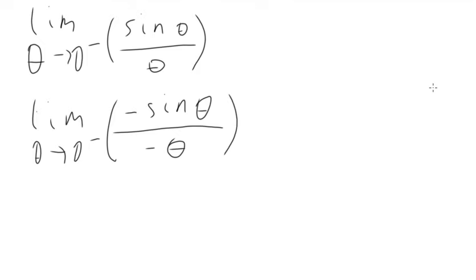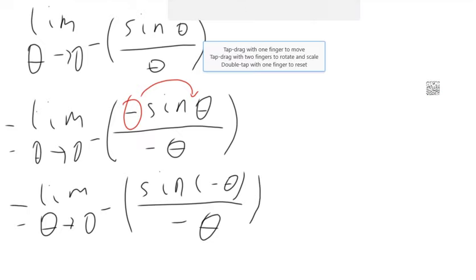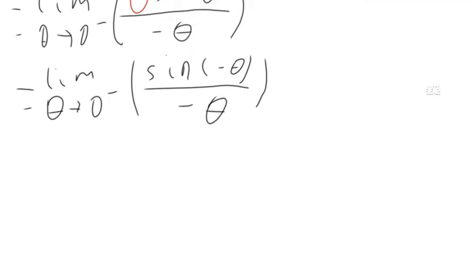Sine is an odd function, which means I can take this negative in front and put it inside the sine. So this will be the limit as theta goes to 0 from the left of sine of negative theta over negative theta.